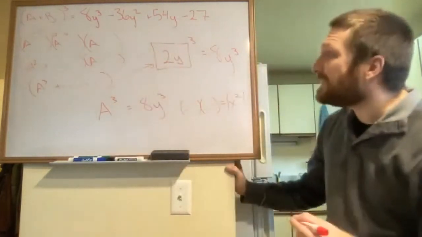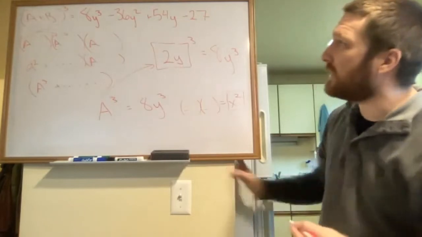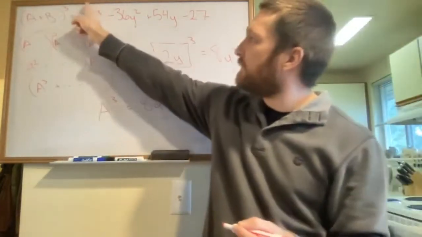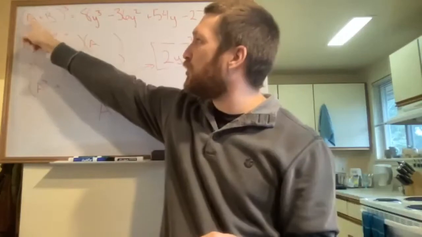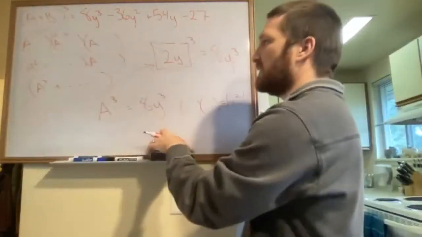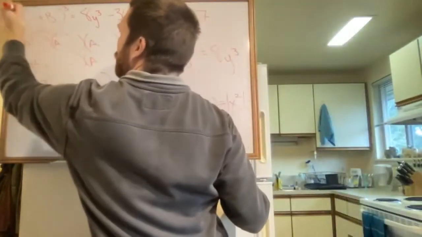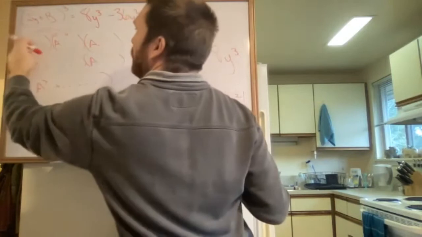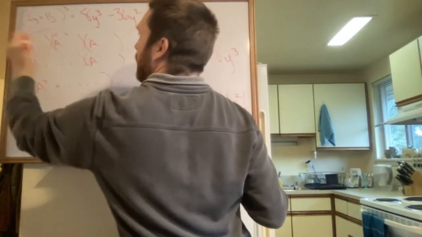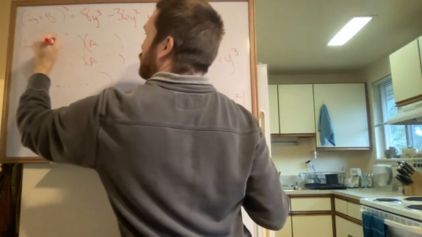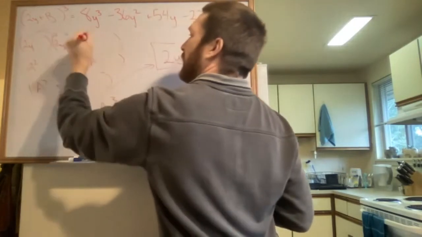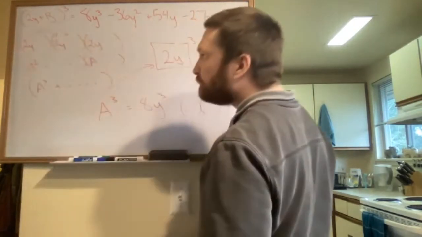And I believe that should work, right? That's the only way. Like if this were 2y, so this is the reasoning that we've applied so far. We're saying if this was 2y, what would have happened? Well, we would have had a 2y right here, and a 2y right here, and a 2y right there.